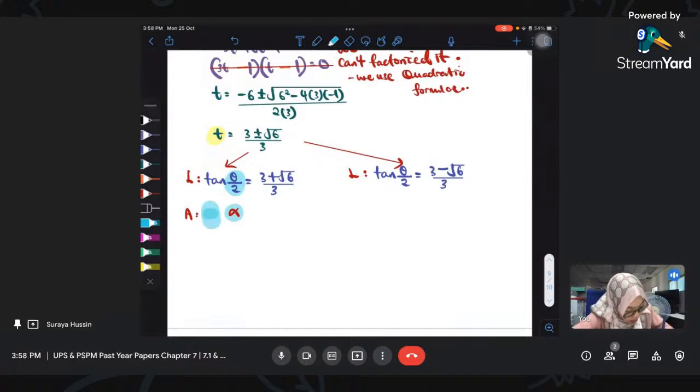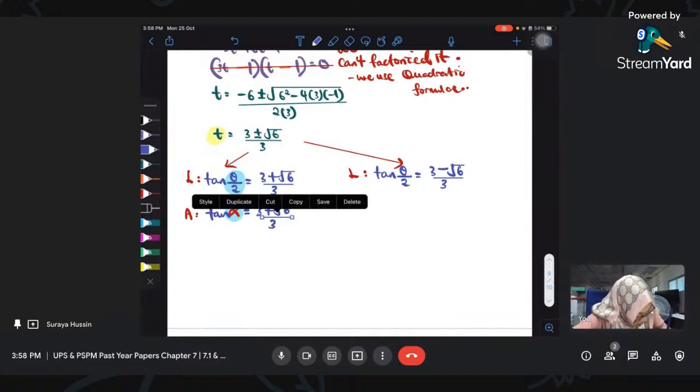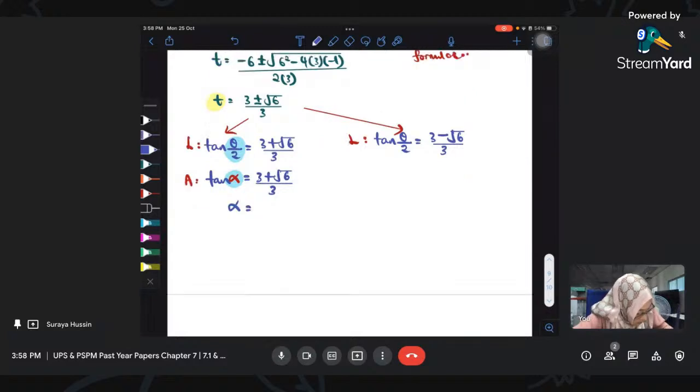So let the theta over 2 becoming your alpha. So tangent alpha, so I'm going to repeat t-substitution again, padahal saya dah ajar dah. Tan alpha is equals to 3 plus square root 6 over 3. And then your alpha is actually shift tan bracket, malas nak tulis dah, duplicate je.